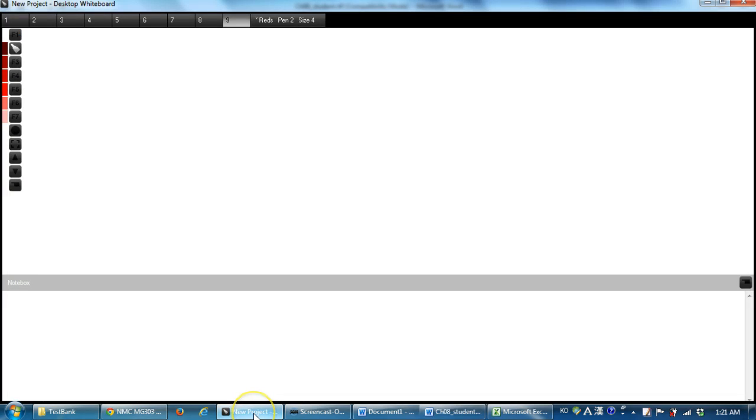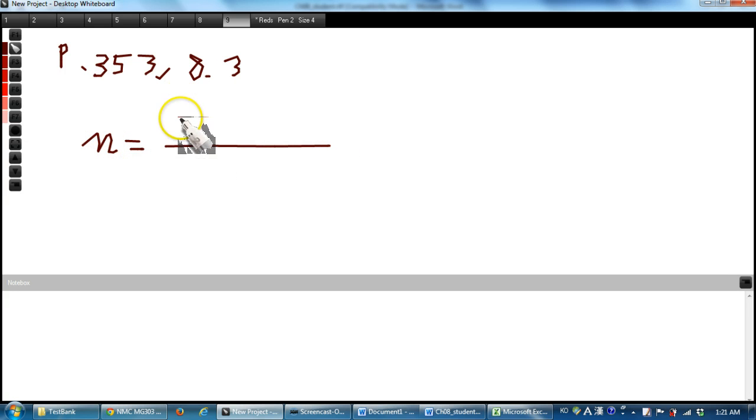So using the equation explained on page 353, equation 8.3, the sample size will be 1.96 squared, and we're talking about 200 tons as a standard deviation.